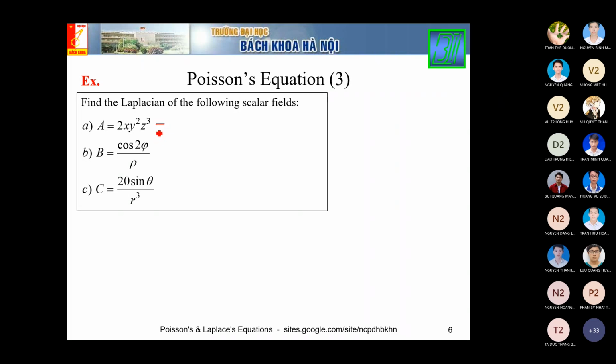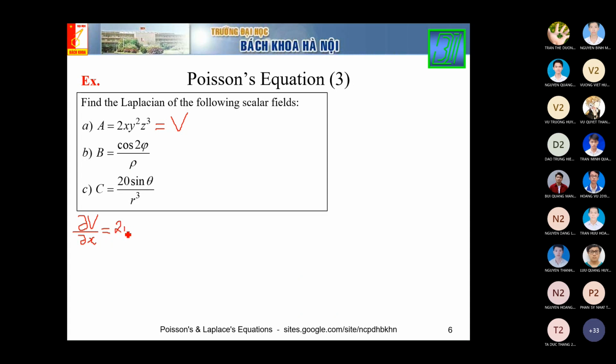For convenience, I change the name from A to V. Now I will find the Laplacian of the potential V. According to the expansion of the Laplacian in the rectangular coordinate system, I have to take the first order partial derivative of V with respect to x. So this one here will be 2, and the derivative of x will be 1.